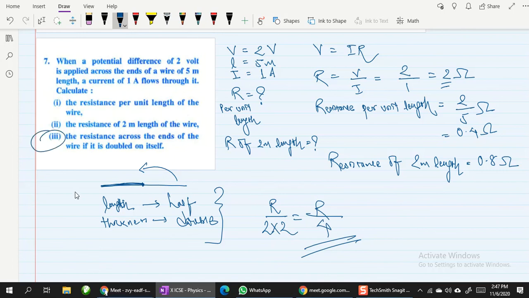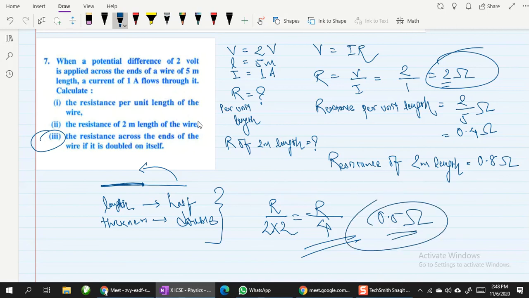But here it is not clear which wire they are talking about. Are they talking about the original wire? If they are talking about the original wire whose resistance is 2 ohm, that resistance after the wire doubles on itself will become 1/4 of its original value, that is 2 by 4, which is 0.5 ohm.